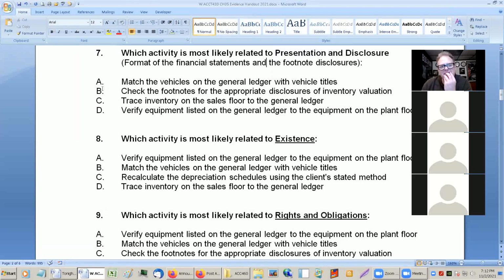B. Yeah, the footnotes, the disclosures of the inventory valuation should match up with the way they actually are doing the inventory.